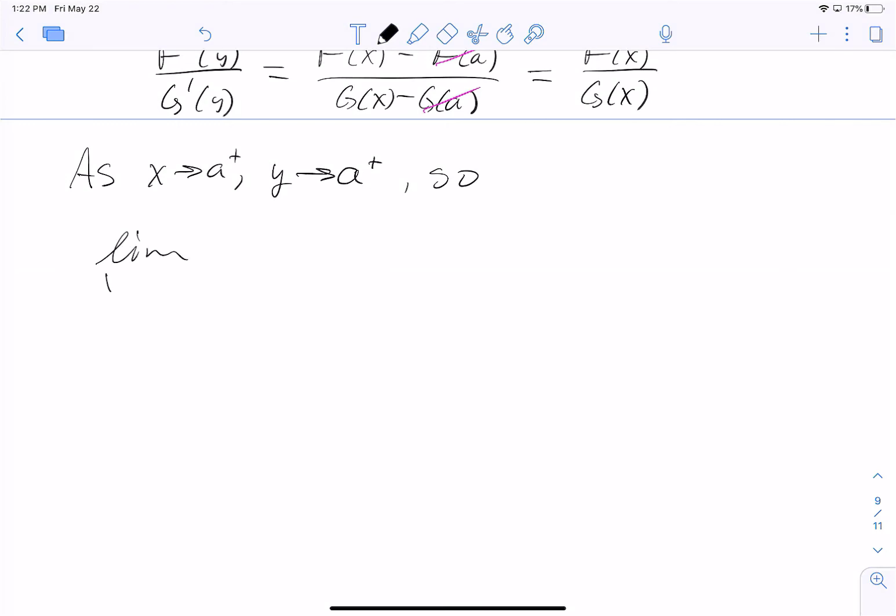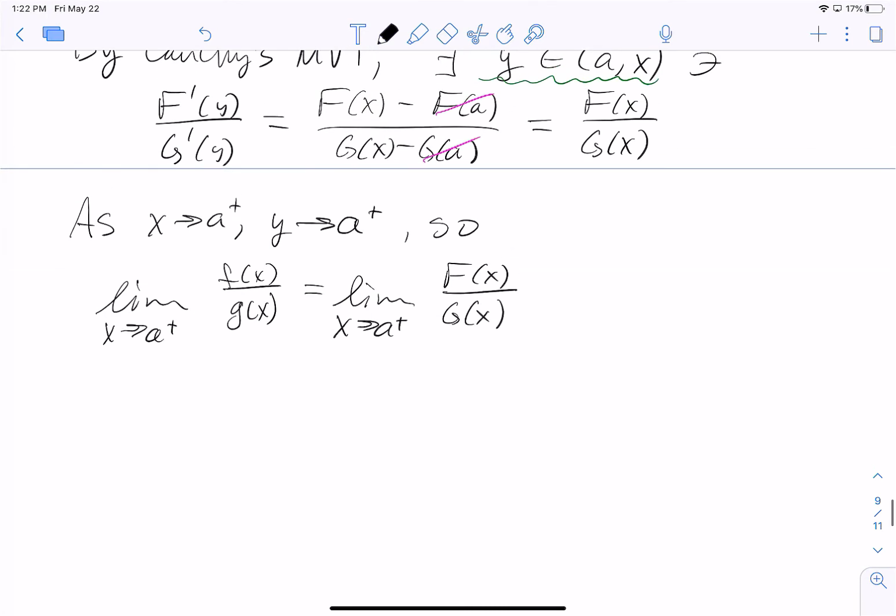So the limit as x approaches a from the positive side of lowercase f of x over g of x is equal to the limit as x approaches a from the positive side of uppercase F of x over uppercase G of x, which we've just shown is the same as the limit as y approaches a from the positive side of F prime of y over G prime of y, those being the uppercase values.